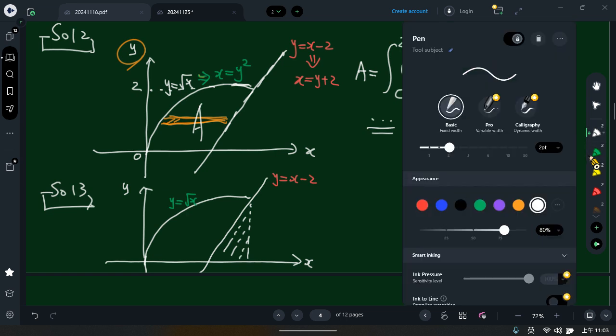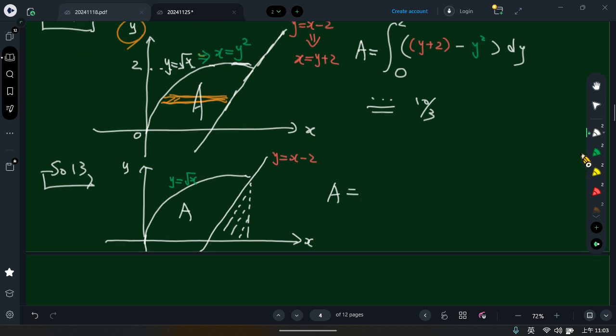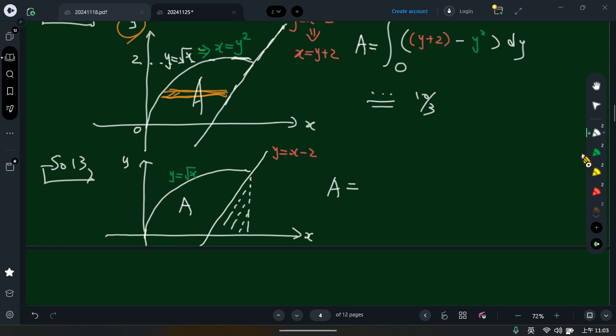We can also estimate A. A is still here, right? Could be integral from 0 to 4, right? Because 0 to 4, right? Then we can calculate the whole part first, right? Then minus this triangle.